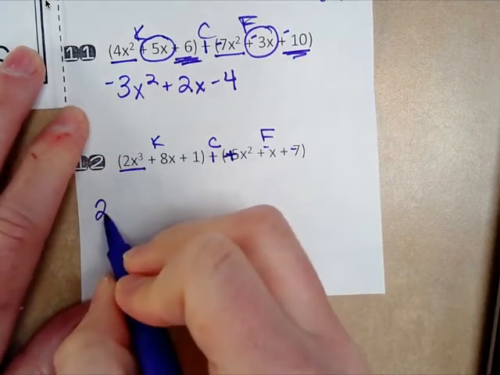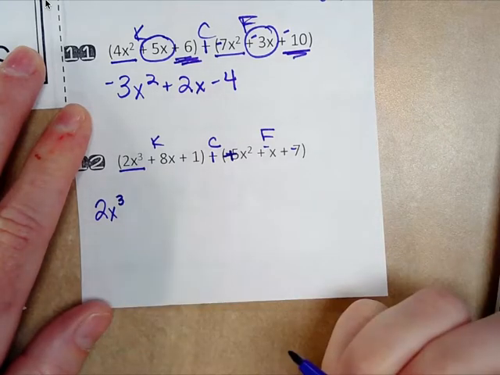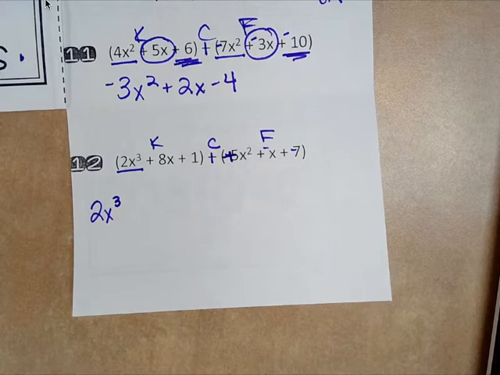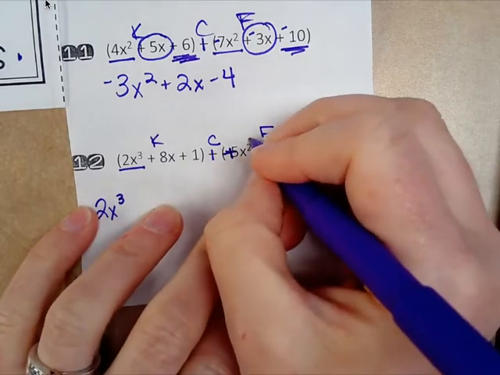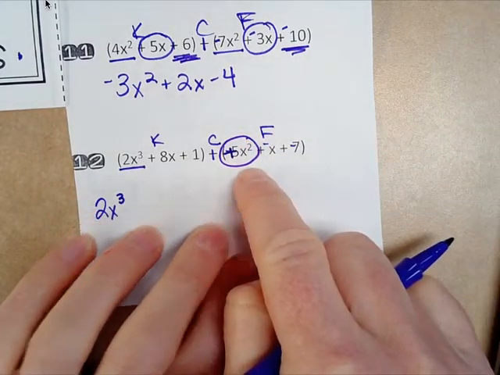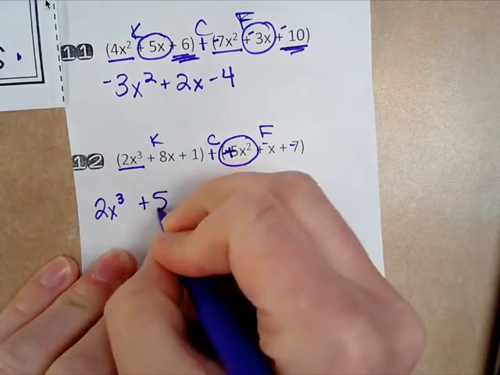Nope. So we just carry it down. We want to go in descending order. So if we went to the third power, let's go to the second power next. So it'd be this one. Does that have a match? No. So plus 5x squared.